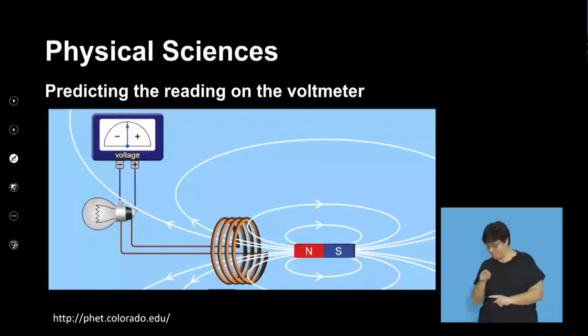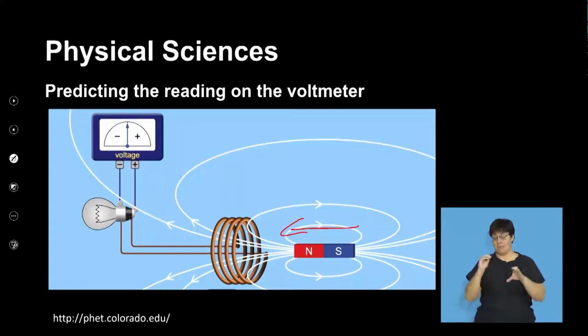So in this example, let's say that the magnet is moving into the coil in that direction. We've already established when that happens that this end must be a north pole as well.